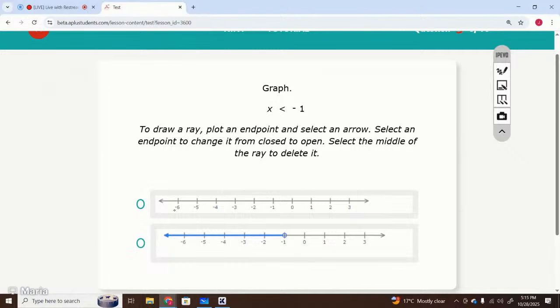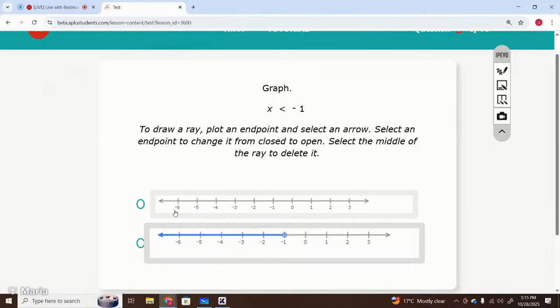X is less than negative 1. So which is the correct option? Option number 2 is the correct option.